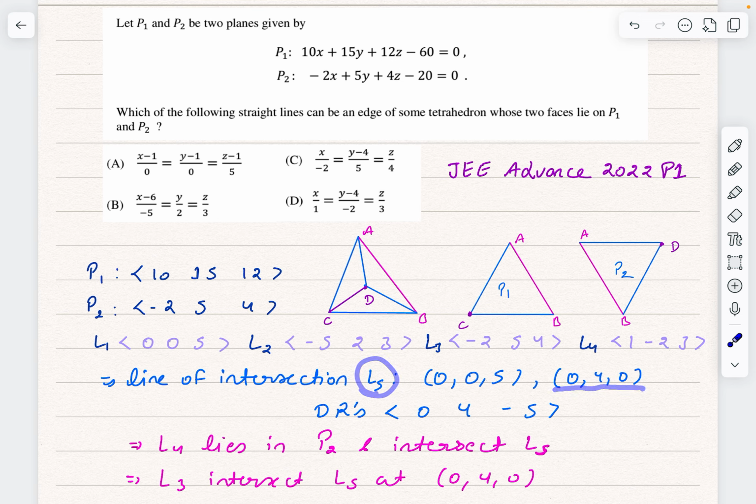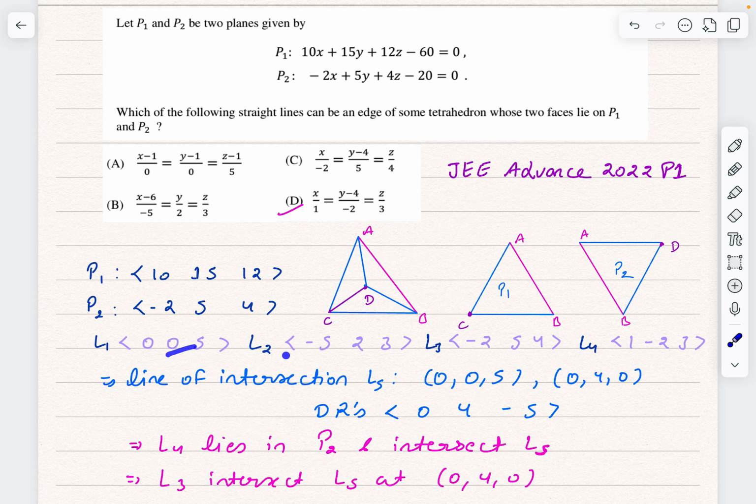And L4 also is passing through (0, 4, 0). So they are intersecting. So we can say L4 must then be an edge of the tetrahedron. Okay, so this D option will be correct.